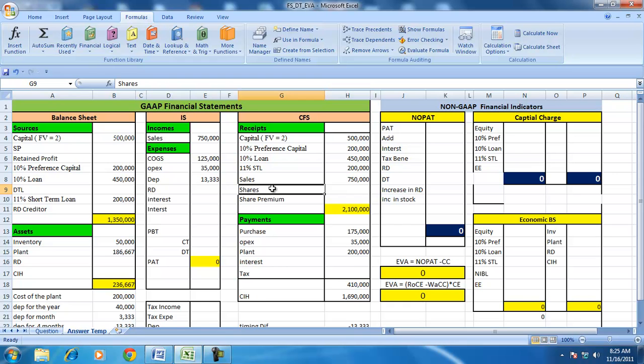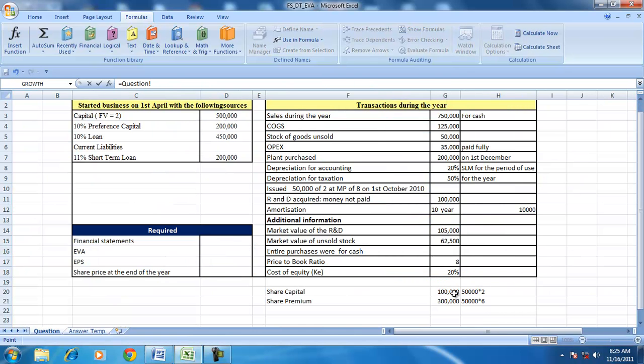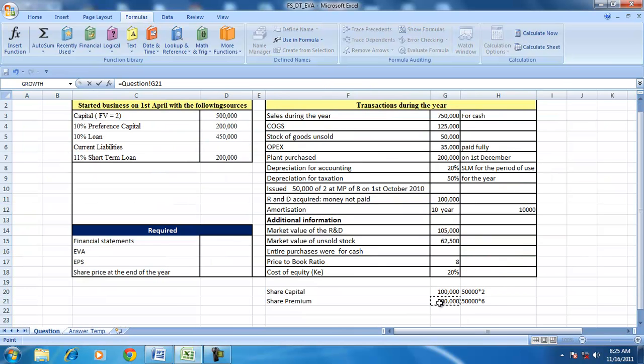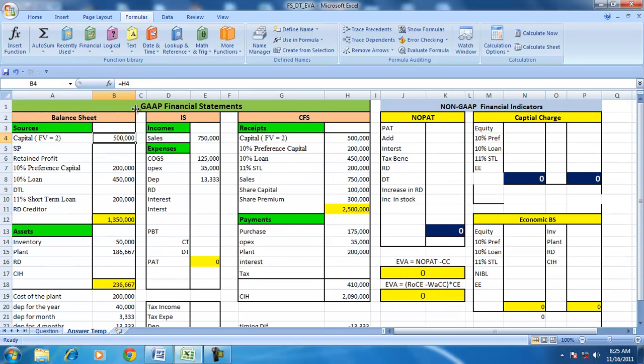Share capital is an inflow of 100,000, and share premium is an inflow of 300,000. So as a result, the capital will increase by 100,000, and share premium is also a source on the balance sheet.